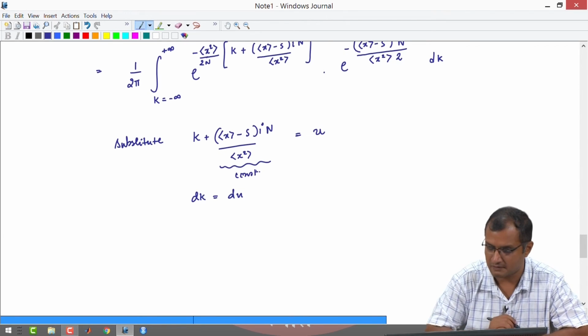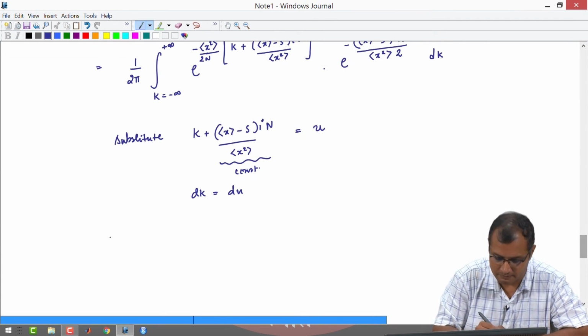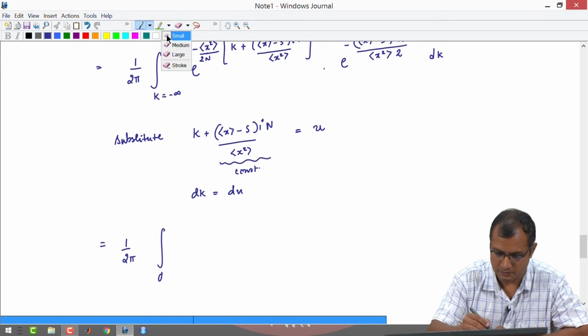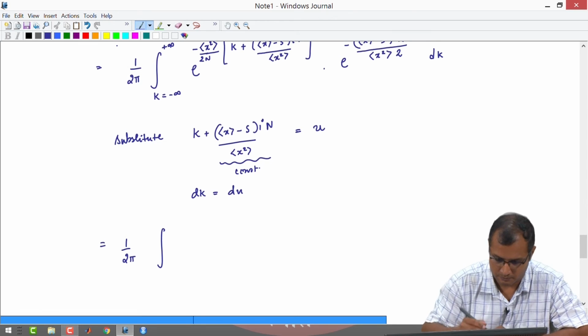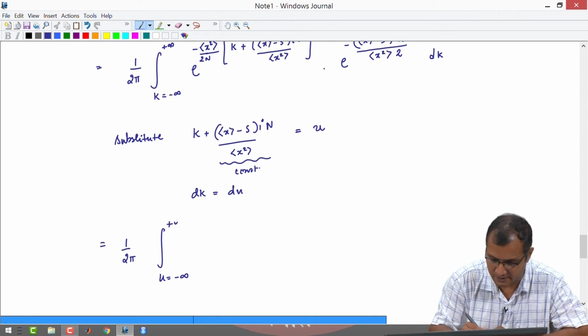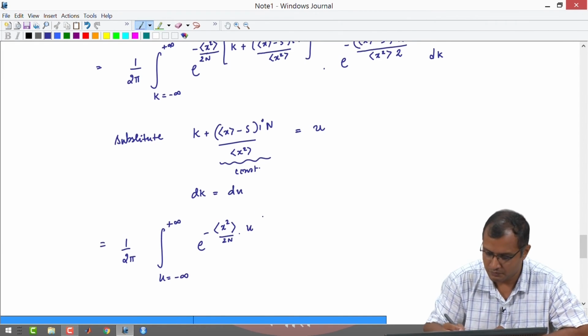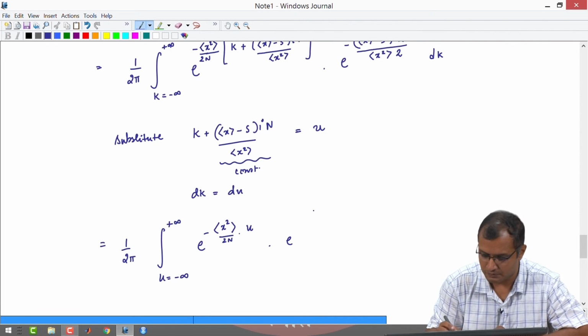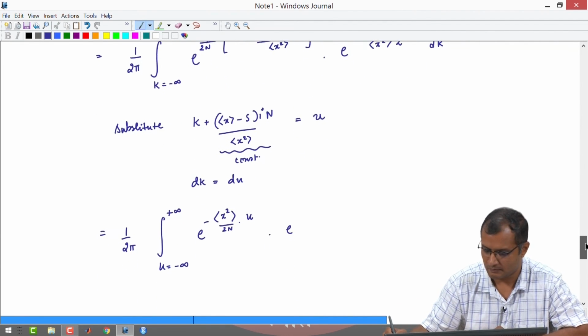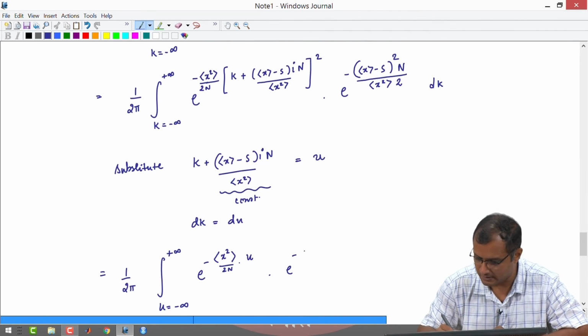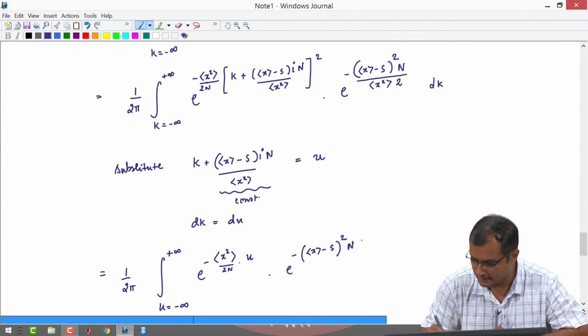So my integration above will become 1 upon 2 pi into the integral over u going from minus infinity to plus infinity of e raised to minus mod x square by 2n into u, into e raised to minus mod x minus s the whole square by n divided by 2 into mod x square, dk.